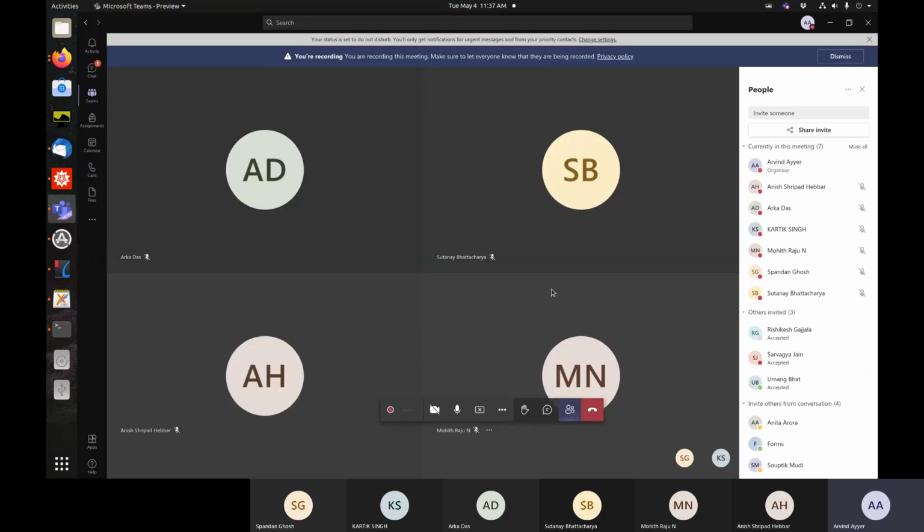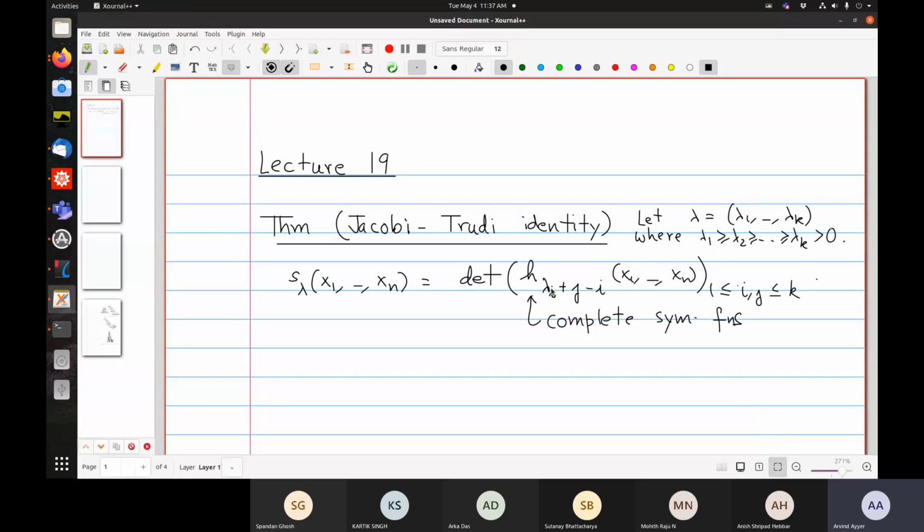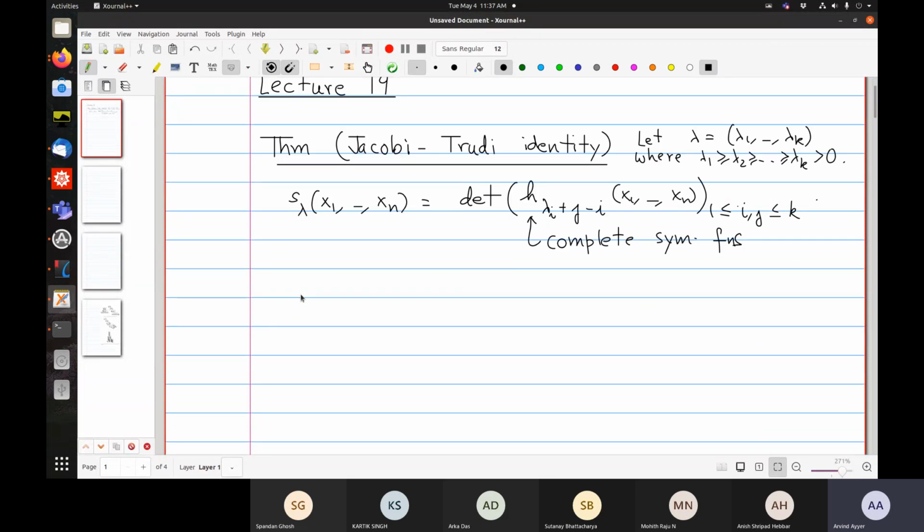Is that clear? Okay, please ask if there are any questions. As I said, this can be taken also as a definition of Schur functions. So yet another definition. There are many proofs.